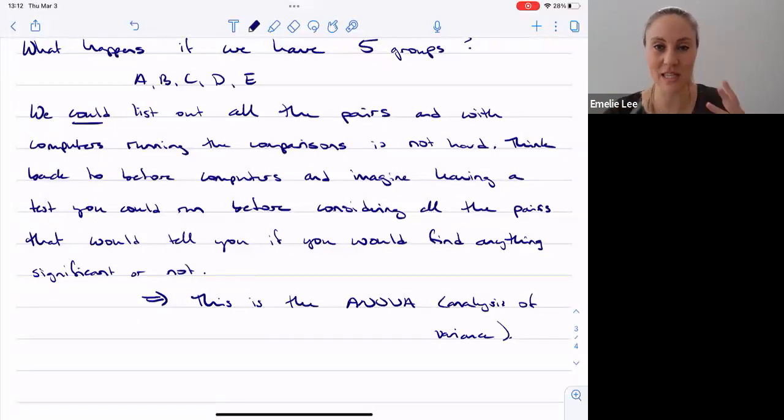Okay, so this is the analysis of variance. It's not a test that's going to tell you what is different. It tells you if there is something that's different in there.